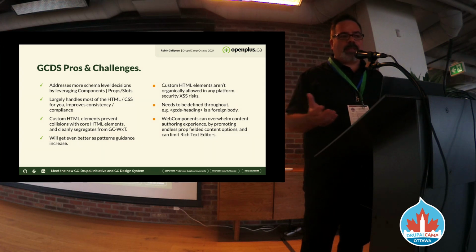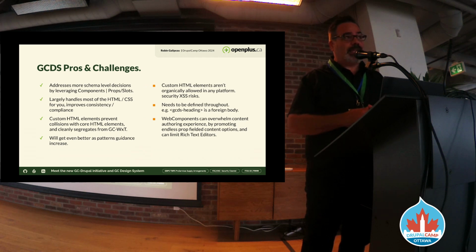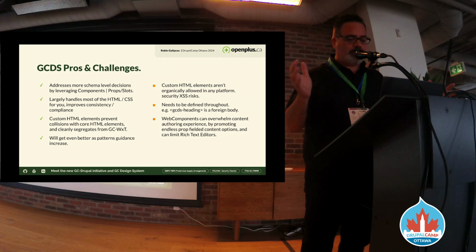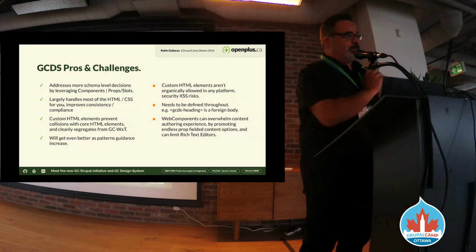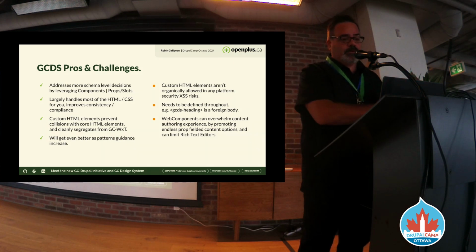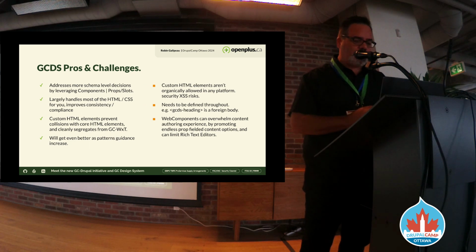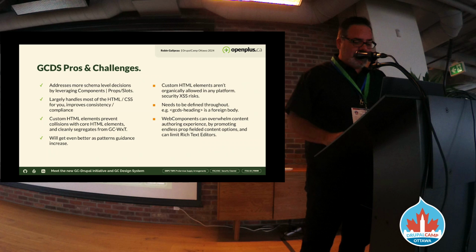And for almost any platform, there are limitations on where and how you just tell it to use your own custom markup, right? Because it could be a cross-site scripting risk, and there are limitations on saying, no, you're only allowed to use this HTML throughout the platform. We already talked about GCDS as an example. It's a foreign body as far as platforms are aware.